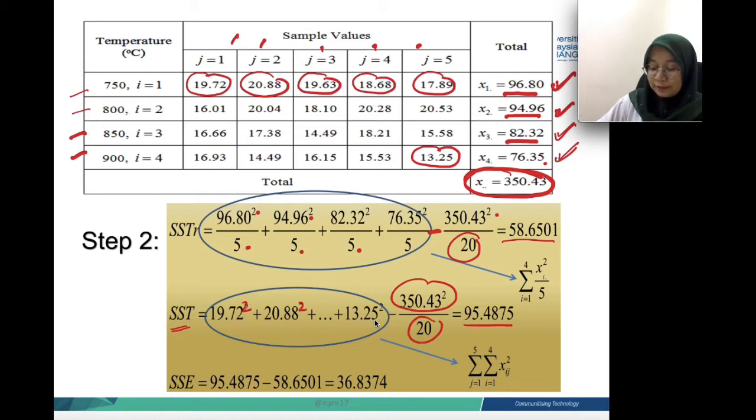You will get 95.4875. So done SSTR, done SST. How do we get SSE? SSE is SS total minus SSTR. So SS total minus SSTR, you will get SSE. Done for SSTR, SST, and SSE.